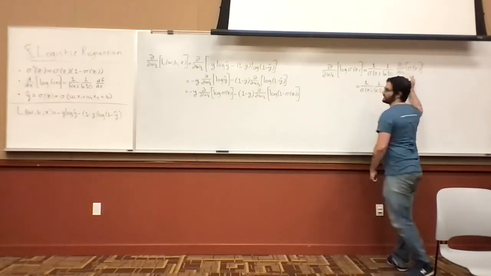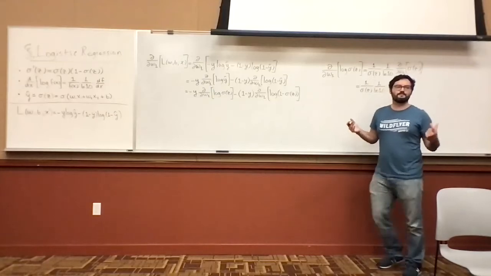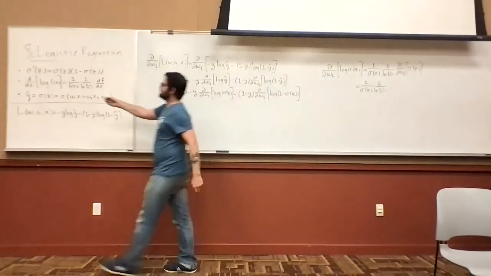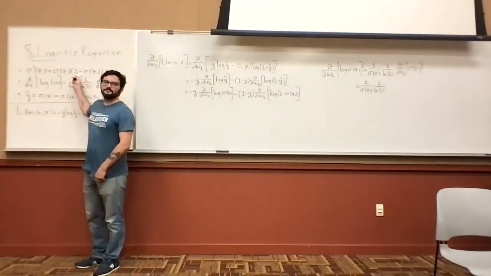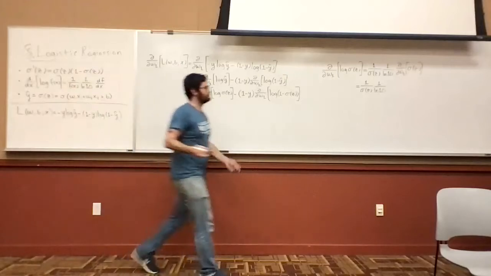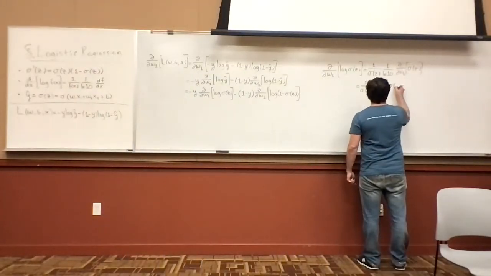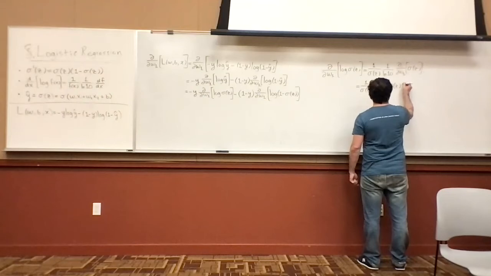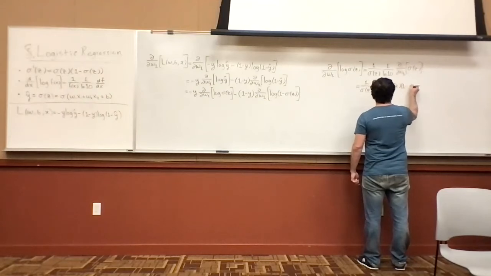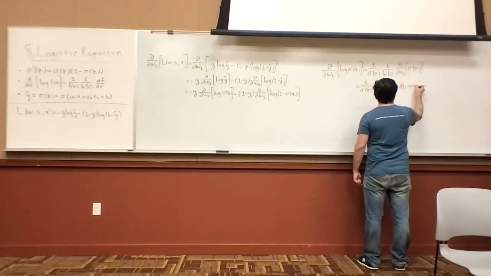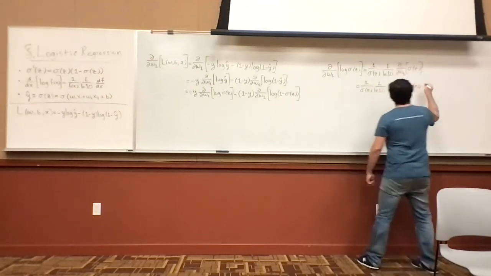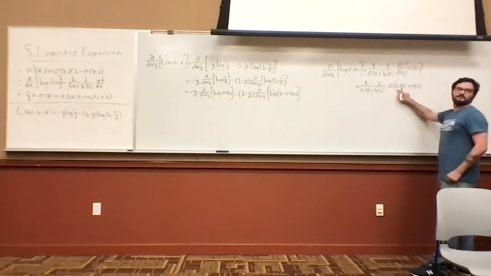The derivative of the outside is just sigmoid prime, which is this. It's going to be sigmoid of z times 1 minus sigmoid of z, times the derivative of the inside, z.